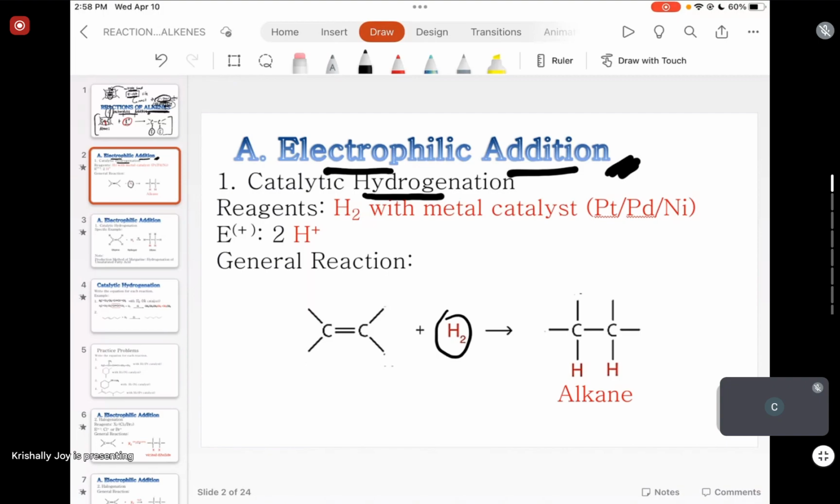So hydrogen is the electrophile being added. And take note, for any hydrogenation to proceed, it should come along with a catalyst. So dapat may catalyst kaakibat upon adding hydrogen.